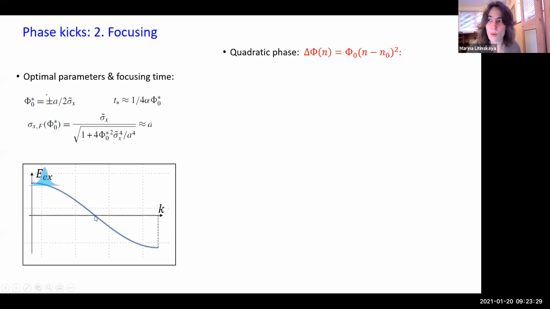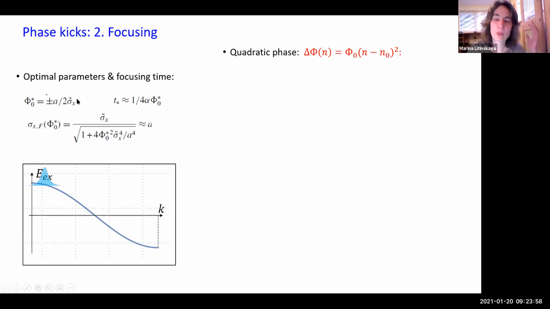So what for the parameter phi naught do we need here? On one hand, it should be large because the larger the amplitude of this phase, this phi naught constant, the larger the effect of the focusing. On the other hand, it should be not too large because we don't want the components of this wave packet to be kicked out into the region where the dispersion becomes linear.